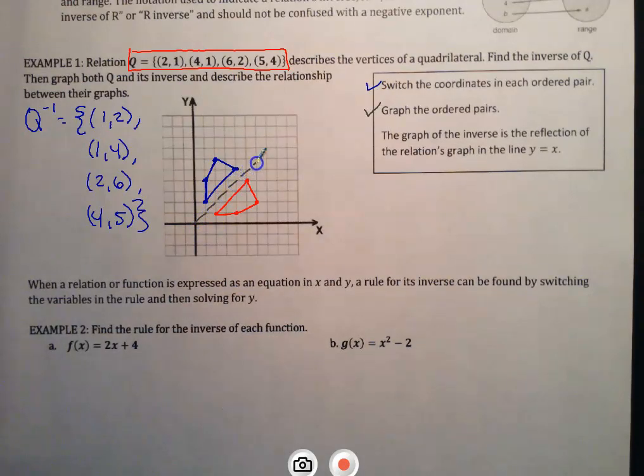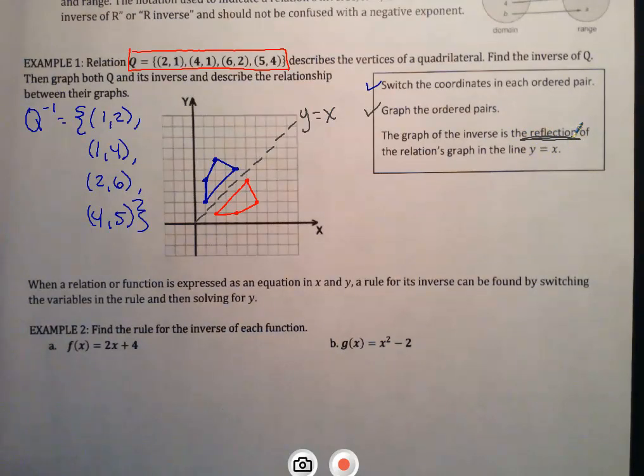It's mirrored on this diagonal here, which is called the y equals x line. And that's what it says there. The graph of the inverse is the reflection of the relation's graph in the y equals x line. So it is, like you said, they're mirror images because it's a reflection there.